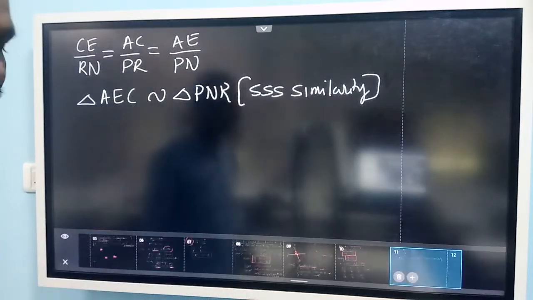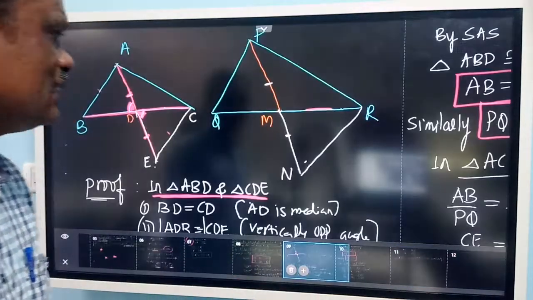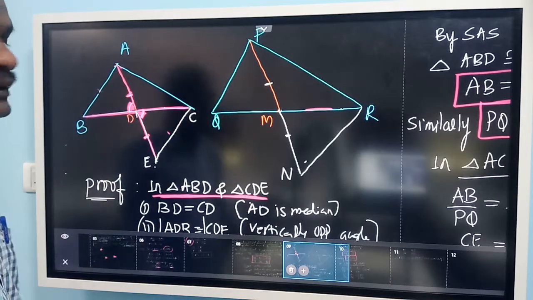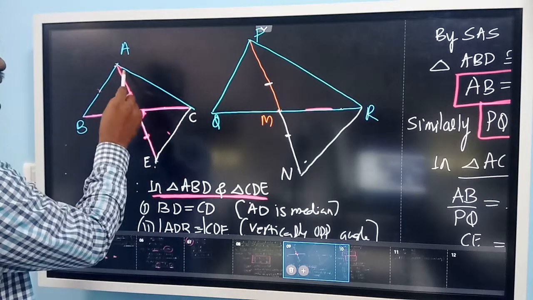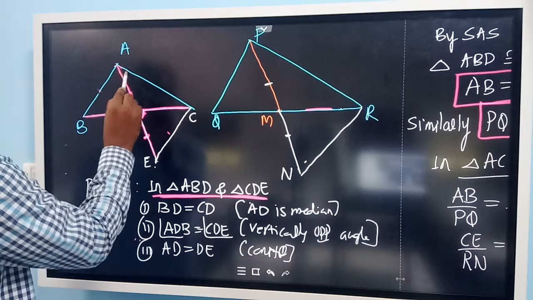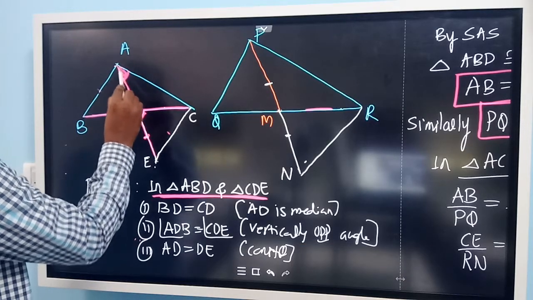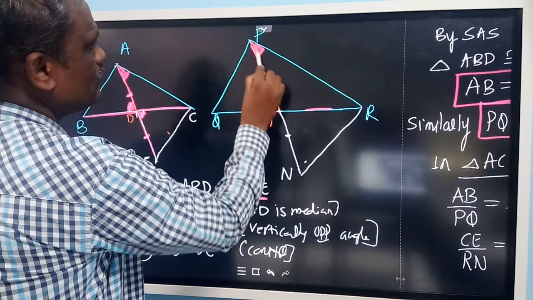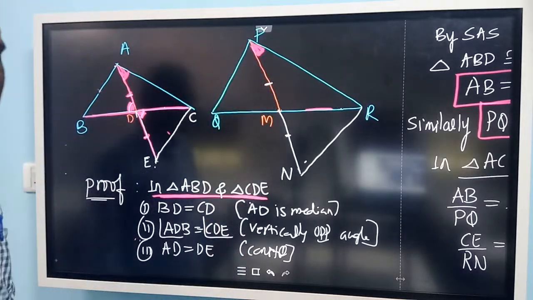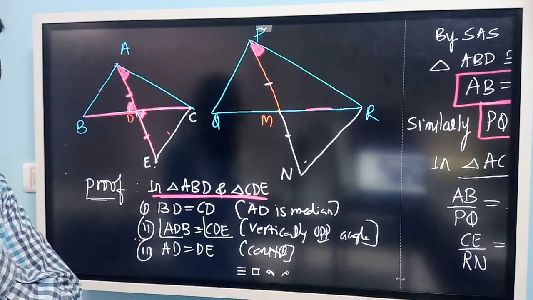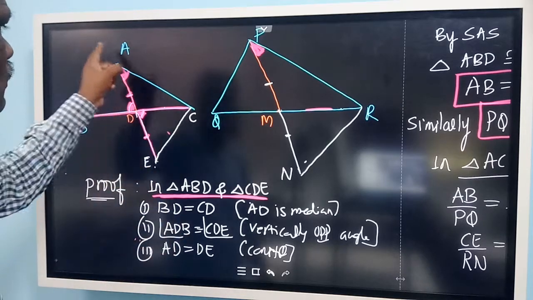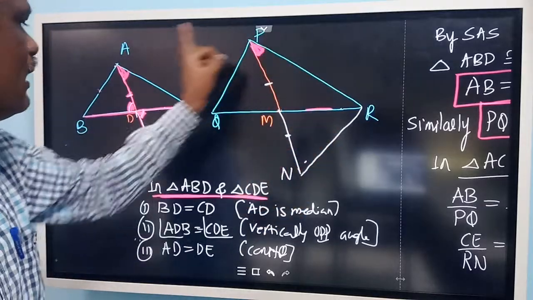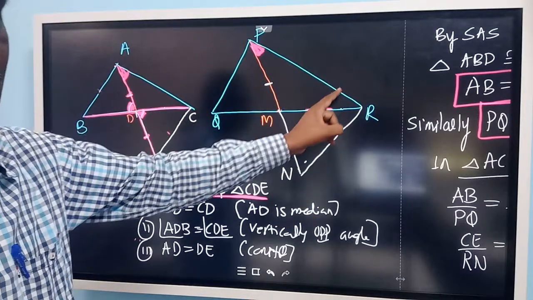Now it's not over. Look at this. If they are similar, I can write these angles are equal, the corresponding angles. So this angle is equal to this angle, isn't it? Can I write like that or not? We proved that ACE is similar to PRN, or AEC is similar to PNR.